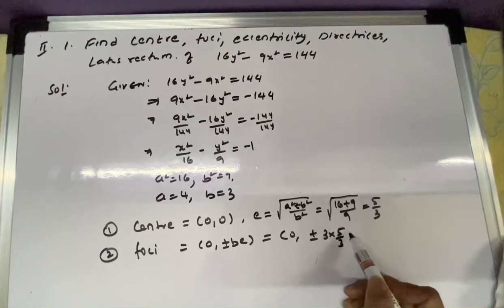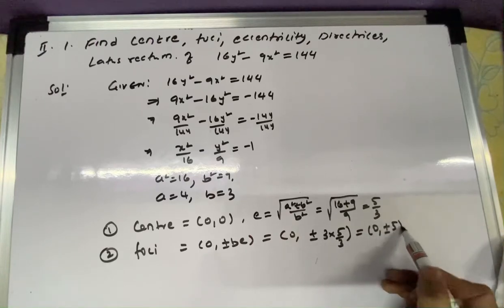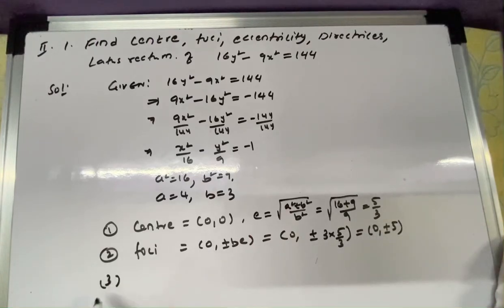So the foci is 0, plus or minus 5. Third one, the eccentricity is 5 by 3.